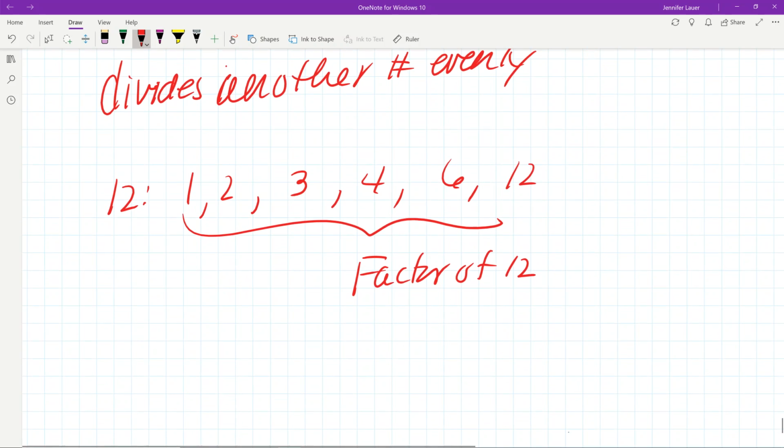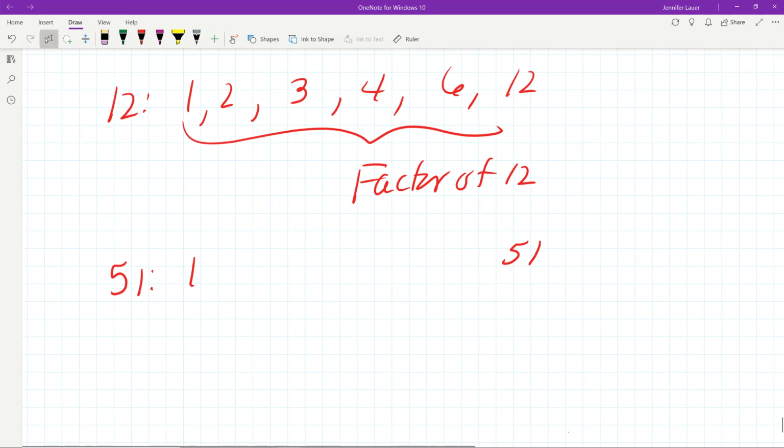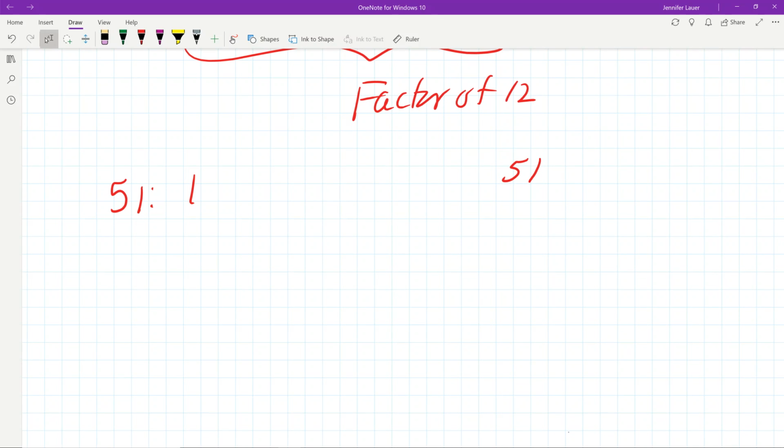So let's do one a little bit more difficult. Let's say 51. Well, 1 and 51 will always be that, right? But you can't divide it in half. How do I know I can't divide it in half? Well, these are some rules, and I'm going to put these down here.